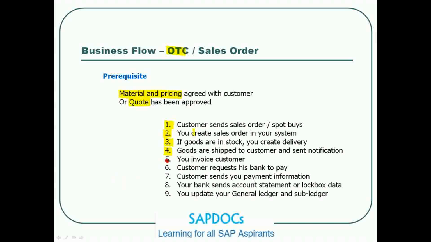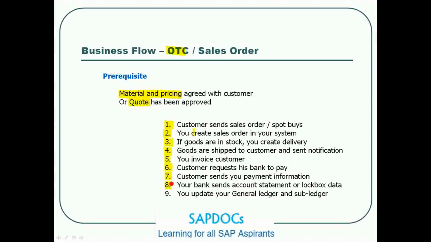After that, you send an invoice to customer. You can fax it, because it's a legal document. Customer requests his bank to pay your bank. Customer sends you the payment information saying that I'm paying you for these goods that I received against this PO that I initiated.